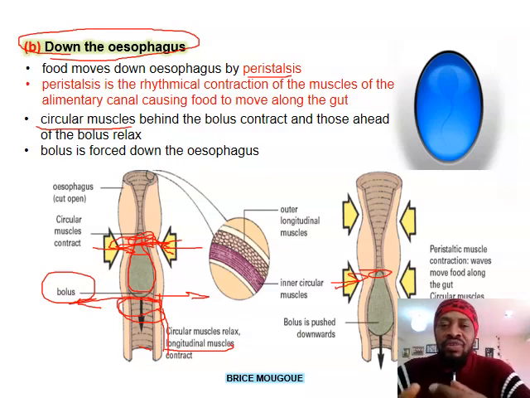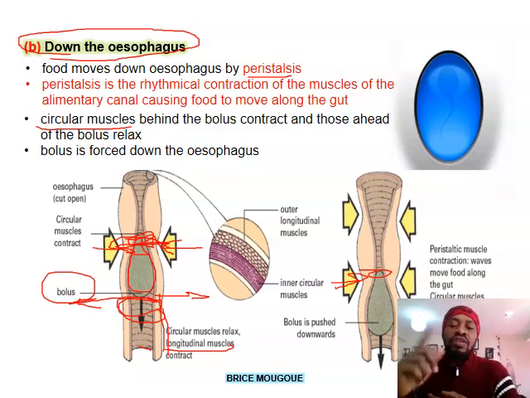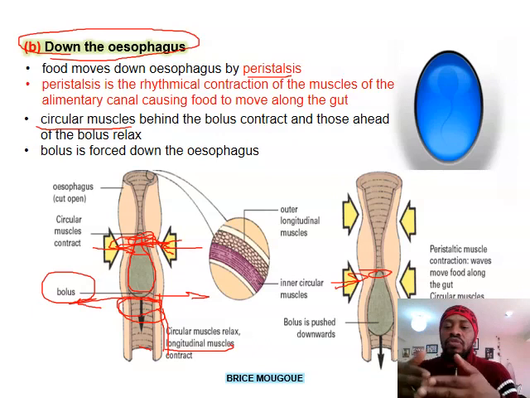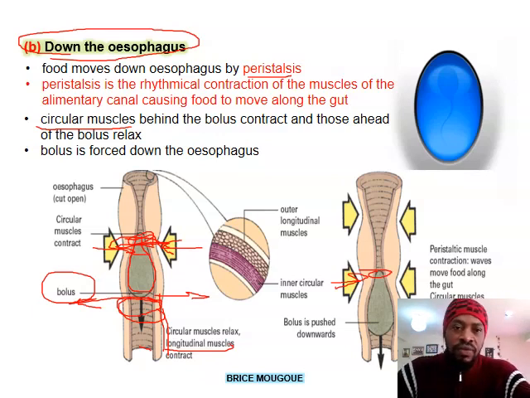They function antagonistically. It means when the circular muscles are contracting, the longitudinal muscles are always relaxing, and vice versa. The opposite occurs, and the food is going to move in a wave-like manner. That wave-like manner of muscles contracting and relaxing, in a rhythmical manner, is what we call peristalsis. That's the way the food is moved down the esophagus and the other parts of the alimentary canal as well.